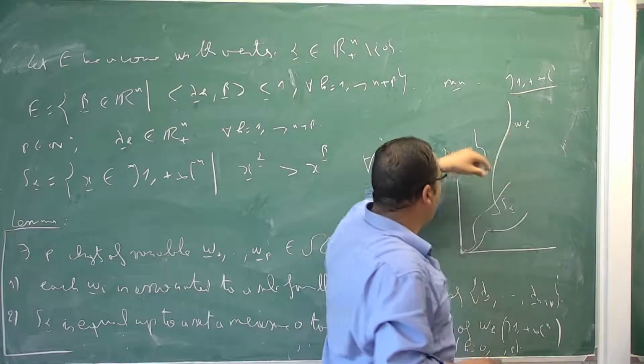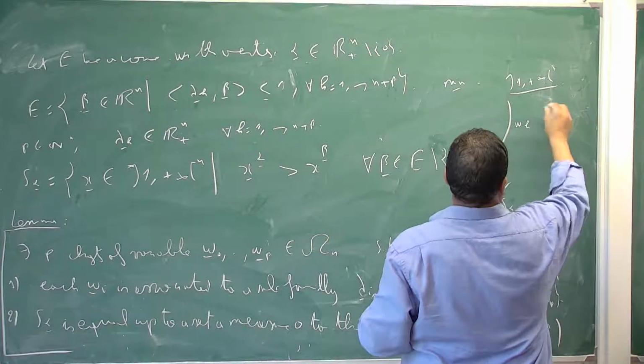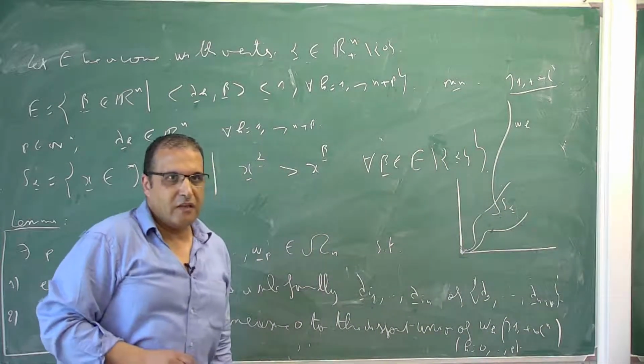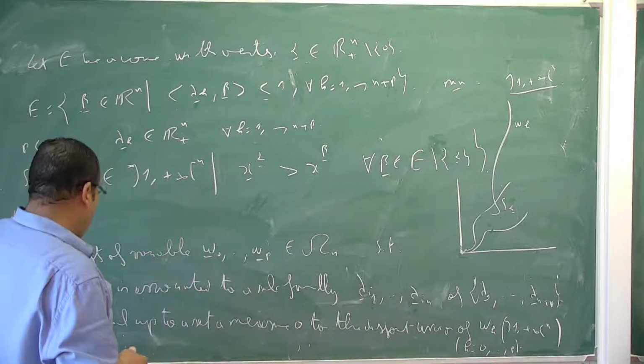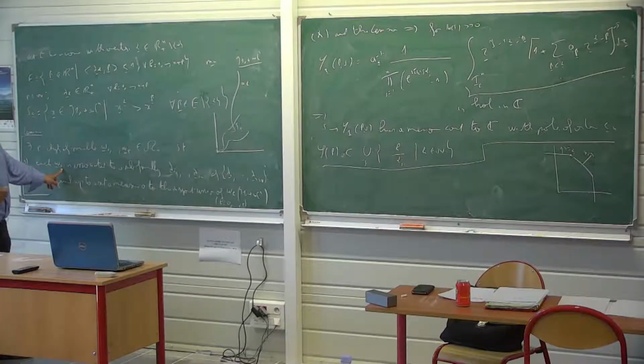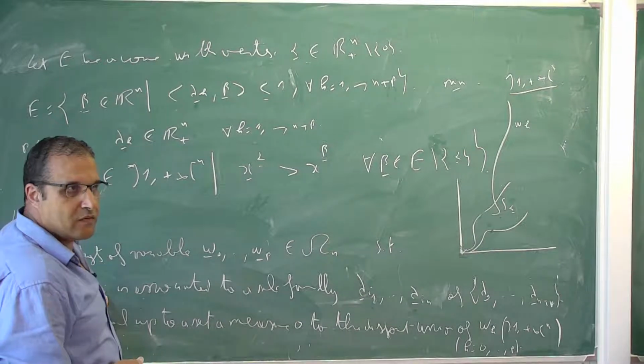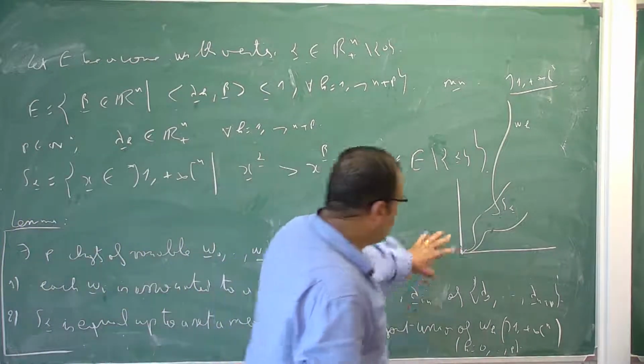And of course, it's the union of the images of this set. And in dimension 2, you need only one omega e.